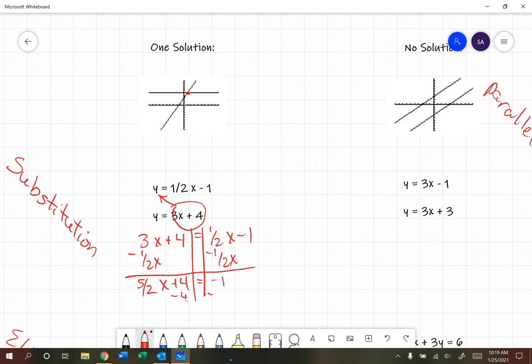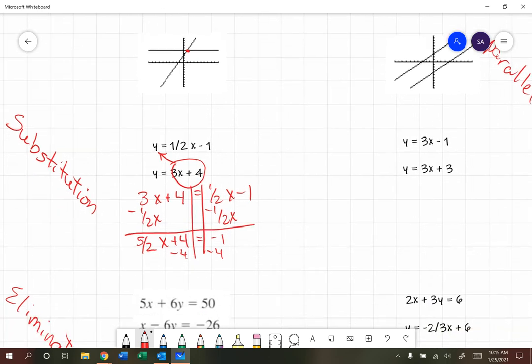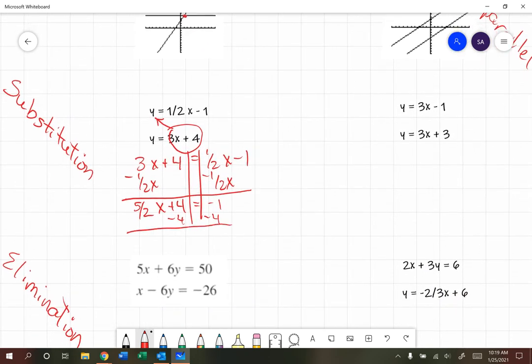And then I subtract 4. So I end up with 5/2 x equals -5. And then I multiply by the reciprocal to get x by itself. So when I do that math there, I get x equals -2, which is half of my solution.